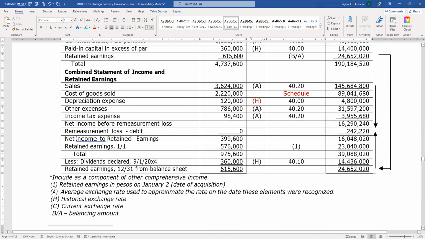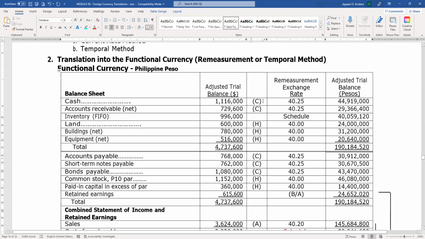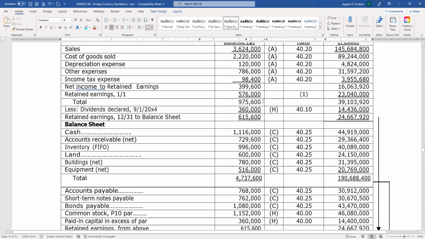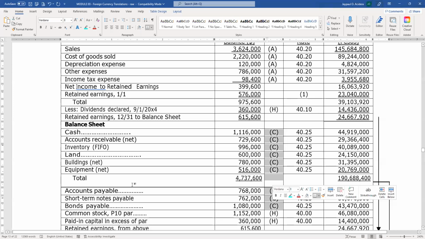And so again, method 1, lahat average. Pero method 2, kailangan mo i-consider yung non-monetary items related to yung mga historical rates natin. Okay, tingnan natin ulit, balikan natin yung method 1. Okay, tingnan niyo yung mga yung assets and liabilities natin. They are all current.